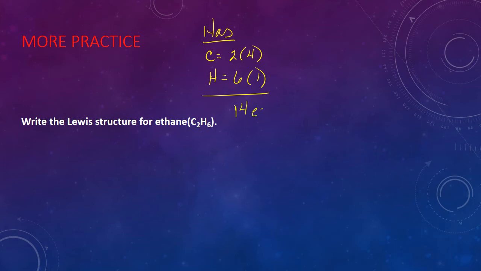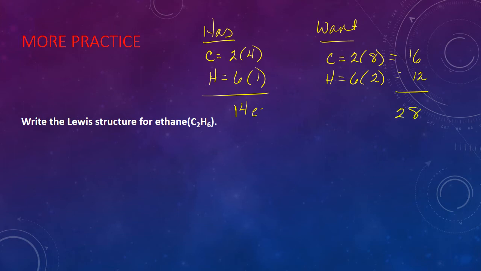Now, how many does ethane want? Carbon really wants 8, and there's 2 of them. And hydrogen, all 6 of them really want 2. Well, 2 times 8, that's 16, and 2 times 6, that's 12. So this guy wants 28 electrons. Yeah, that's not going to happen.